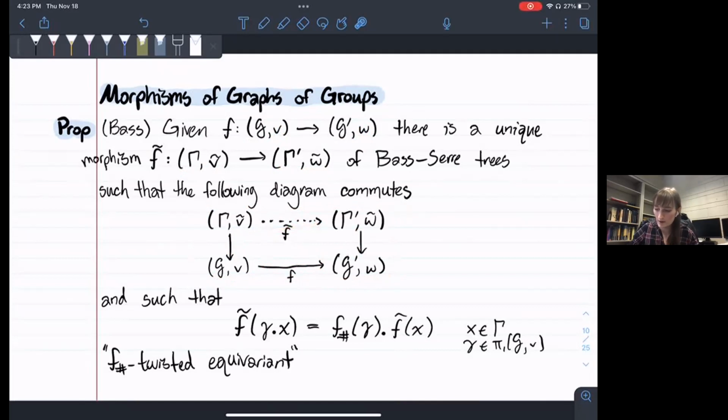What's more, this morphism of trees is F sharp twisted equivariant. If F sharp is the map on fundamental groups, then F tilde of gamma acting on x is F sharp of gamma applied to F tilde of x. So there's a way of lifting these morphisms of graphs of groups to twisted equivariant morphisms of trees.